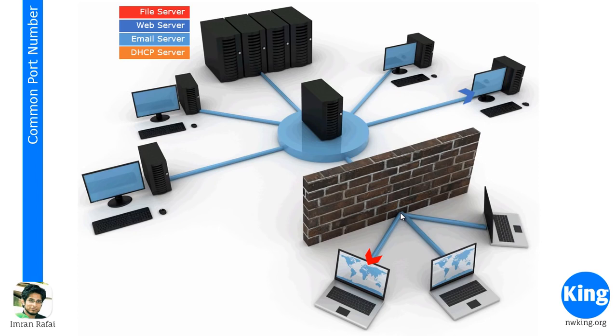There are standard port numbers in every transmission. If you look at the frame, there is a place where it mentions the destination port number. It also gives a source port number. The source port number is required for it to send back. In this case, there is blue traffic, which is web traffic.